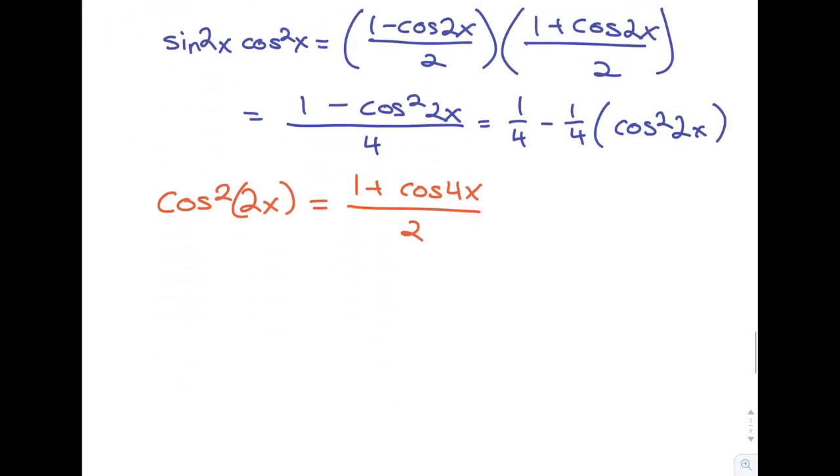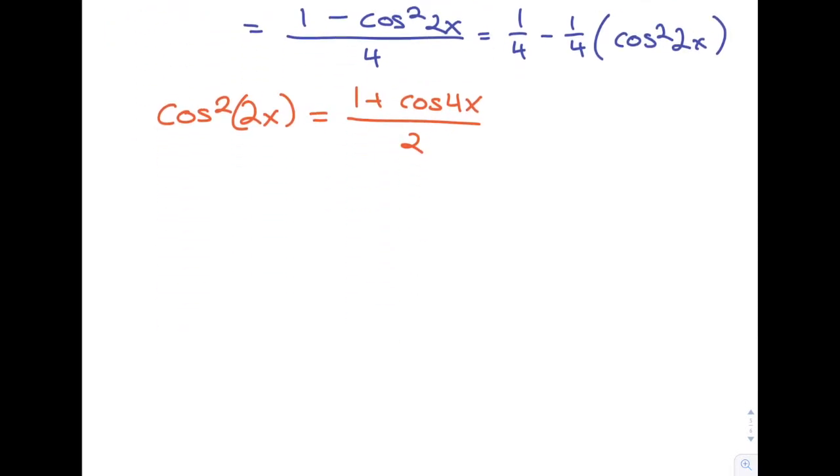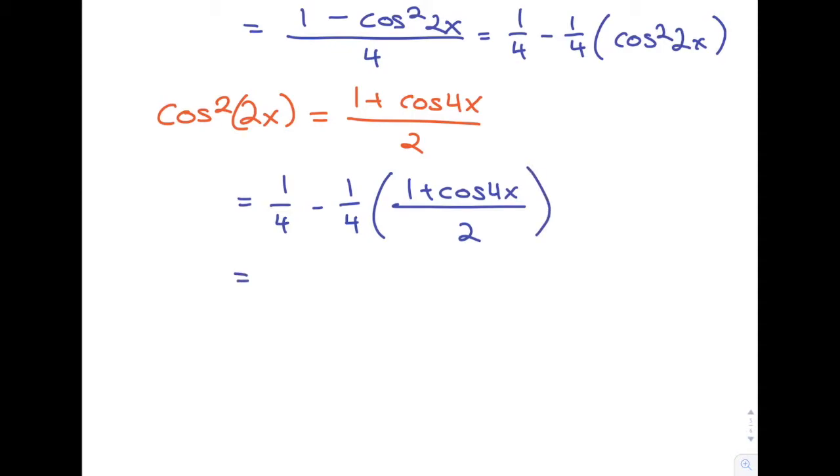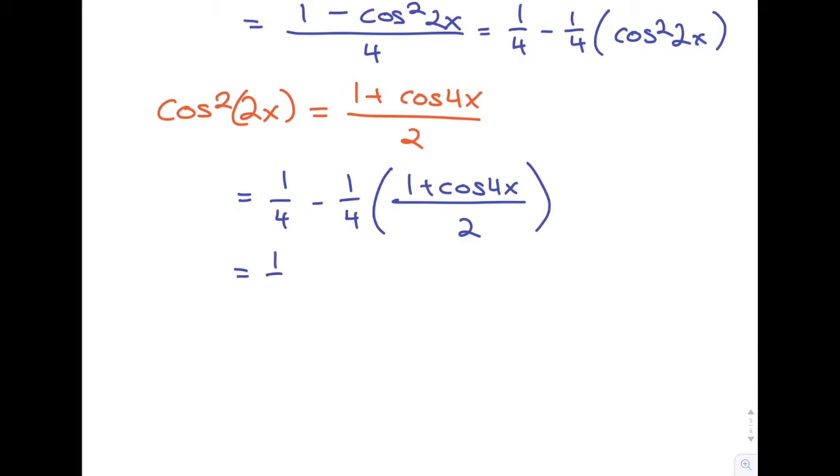So now we can substitute in. We have 1/4 minus 1/4 times 1 plus cosine 4x over 2, which we can keep on simplifying. That gives us 1/4 minus 1/8 minus cosine 4x over 8.